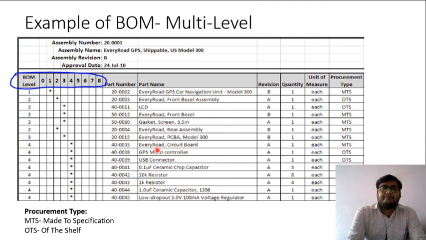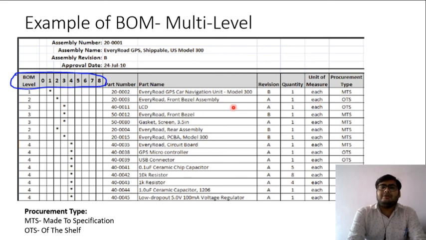Say I want to change the LCD in this GPS system. I don't want to use this LCD, and instead I want to use another LCD. What will be the effect on cost? I can easily calculate that with the help of the bill of material, because I will have all the other parts information here. I just need to change this data.